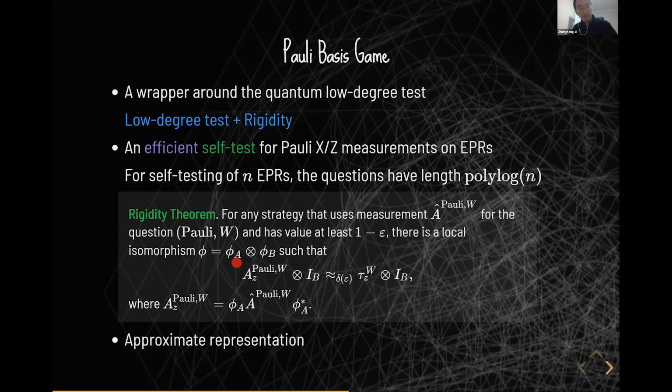The measurement operator of the provers, when receiving the Pauli question, is equivalent to measuring Pauli Z, so tau is the honest Pauli Z measurement, or Pauli W basis measurement. In some sense, you can think of this as an approximate representation of the Pauli group, and that's the connection we have to operator algebras. Even though it looks like we have a lot of techniques from complexity theory, something we rely on is the representation of the Pauli group in that approximate sense.